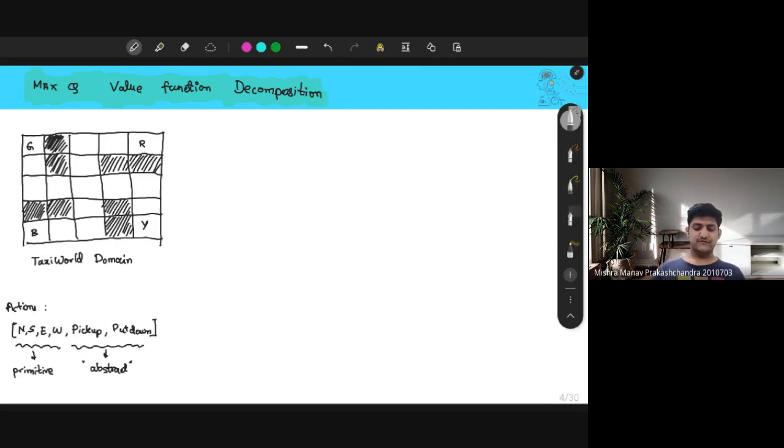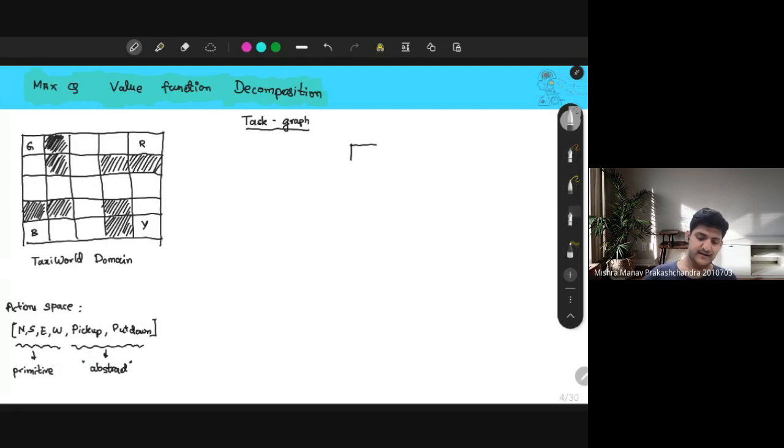So if I were to define the hierarchy, or the task graph, in this particular case, this is how it would look.